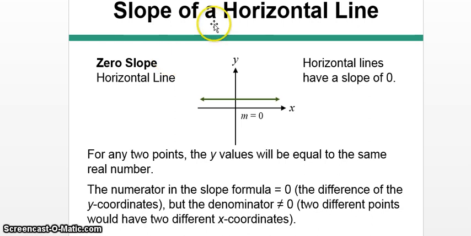Slope of a horizontal line. Zero slope. Horizontal line, look at this line. Is this line parallel to the x-axis? Horizontal lines have a slope of 0. For any 2 points, the y values will be equal to the same real number.